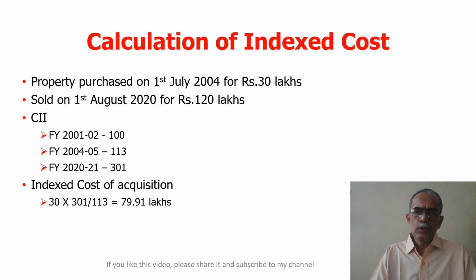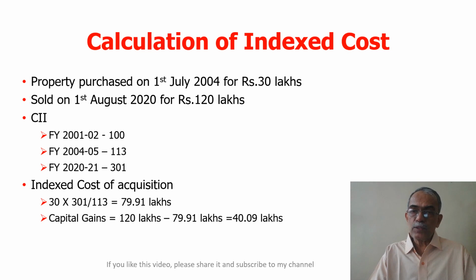In 2004-5 the index was 113, so the index was 113 as against the actual cost of 30 lakhs. So what would be the cost today? It is 301. So 30 multiplied by 301 and divided by 113, that is 79.91 lakhs, would be treated as the cost of acquisition.